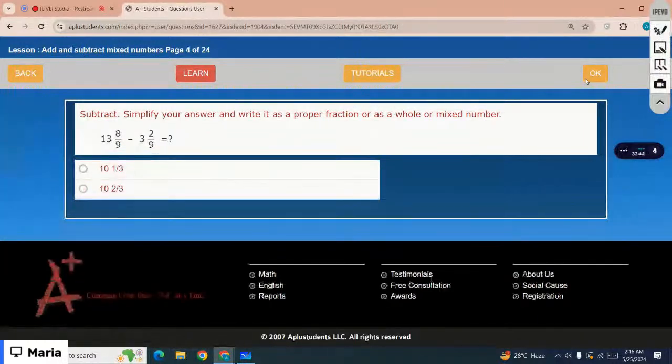The next one is 13 whole 8 over 9, take away 3 whole 2 over 9. So which is the correct option?